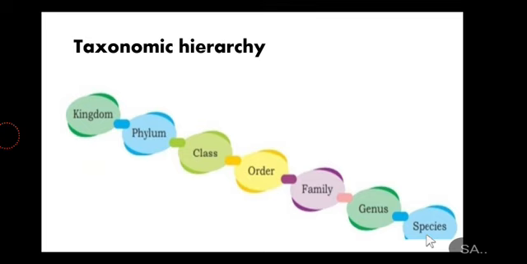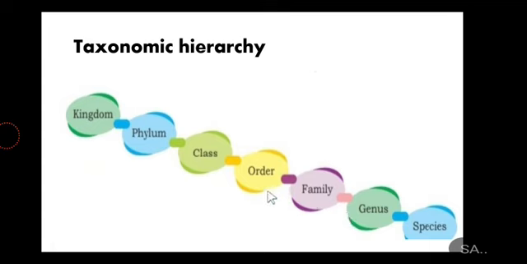So one or more species are grouped together into a genus. Genus, which has the plural genera, combine together and they make a family.